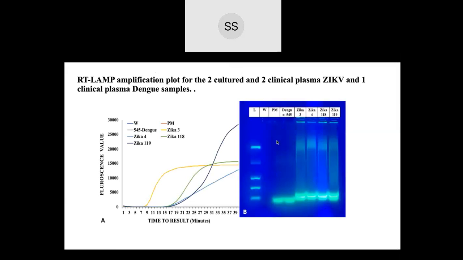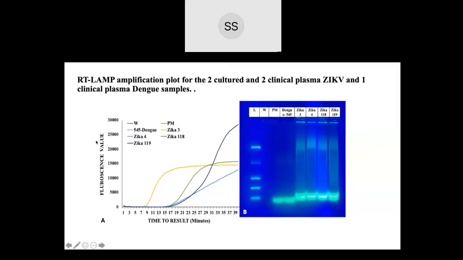Once all the targets were eluted in the elution buffer, the elution buffer was further used to carry out the LAMP reaction. And as you can see from the fluorescent plot here, the reactions containing different Zika samples showed signs of amplification.